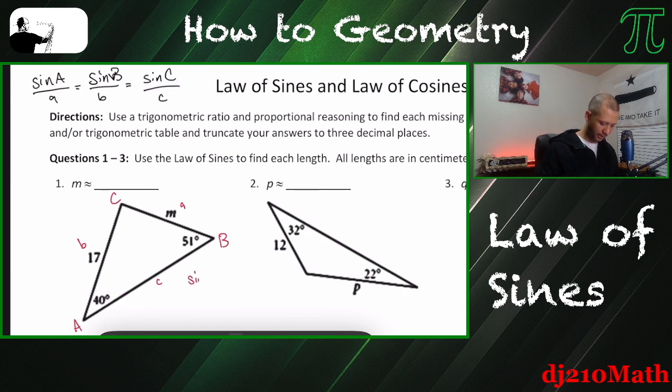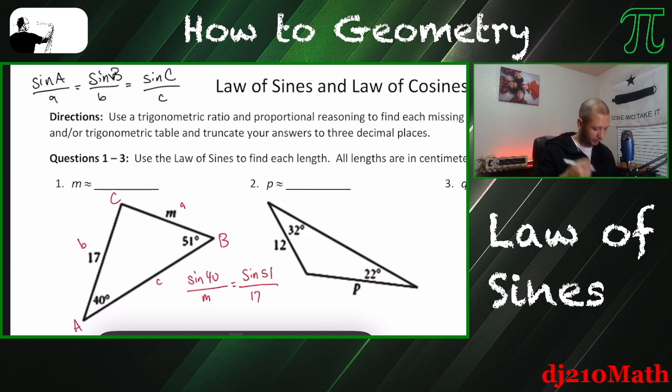So sine of A, which is 40, over little m. And then sine of big B, which is 51, over little b, which in this case is 17. So here's my law of sines setup.